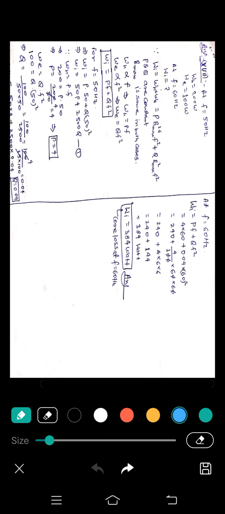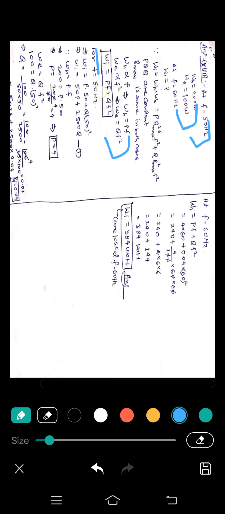So in terms of frequency and P and Q, Wi is equal to PF plus Q into F square. In this case the frequency is given. If we calculate using these formulas, then we have to find P and Q. Here WH and WE have been given, and the frequency is also given, so we have to find P and Q for this condition.